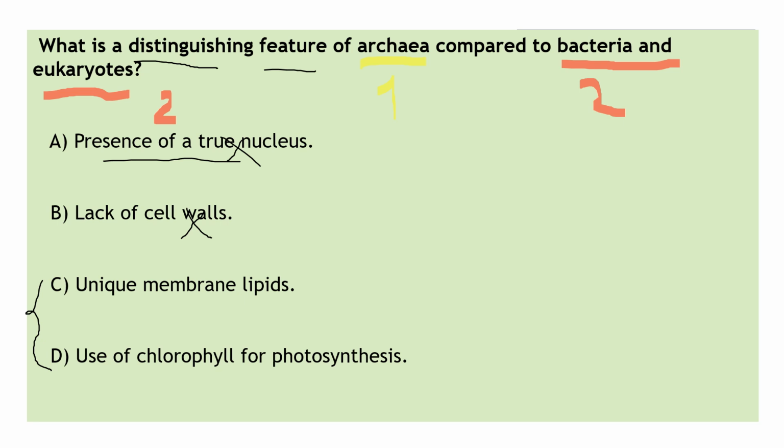Another one is using chlorophyll for photosynthesis. Definitely bacteria and eukaryotes perform photosynthesis. You have these cyanobacteria, and plants have photosynthesis. So that could be an option, so it could be C or D. If you read the textbook, you will see the answer. If not, I will give it to you in 1 second.